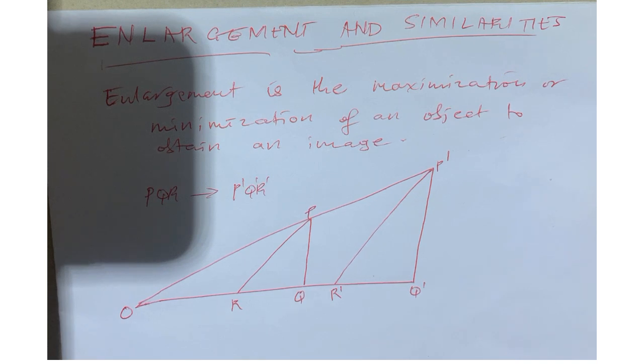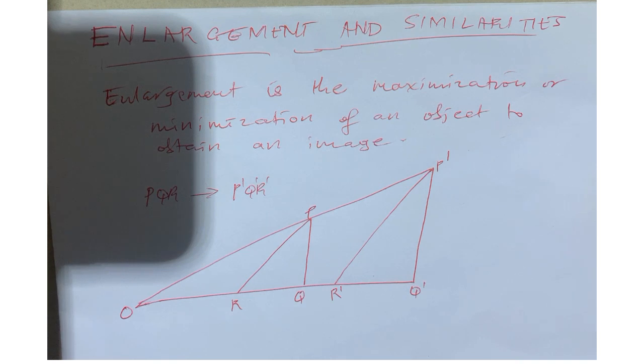Now, the term enlargement doesn't really mean that all the time the image is going to be, as the term goes, enlarged, meaning bigger. No, it doesn't really mean that all the time the image is going to be bigger, right? The image could also be reduced in size, right?